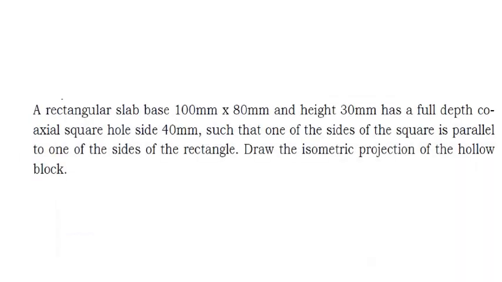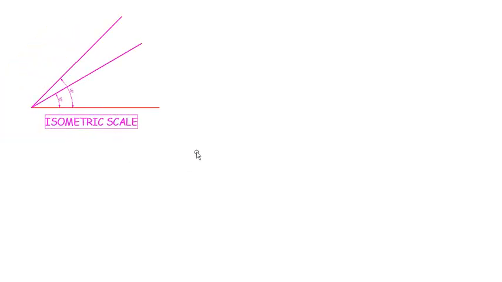Now you know how to draw it in the grid sheets by counting 10 boxes and 8 boxes, and 3 is the height. If you don't have the grid sheet, how are you going to draw it? The first thing is we are going to keep the isometric scale.